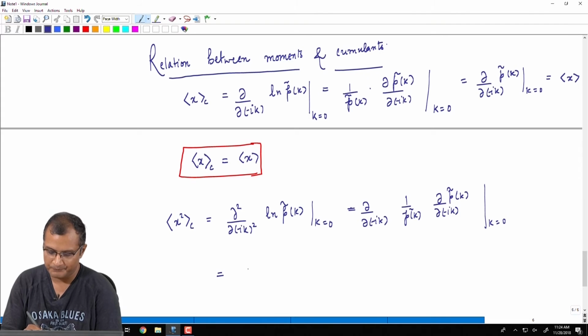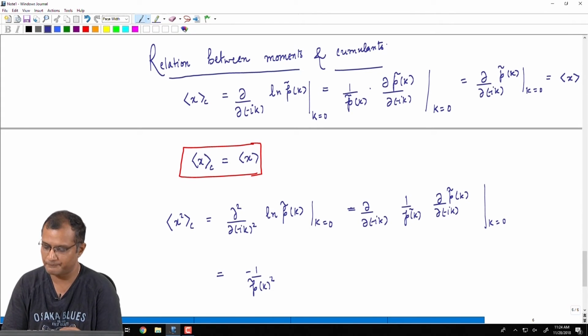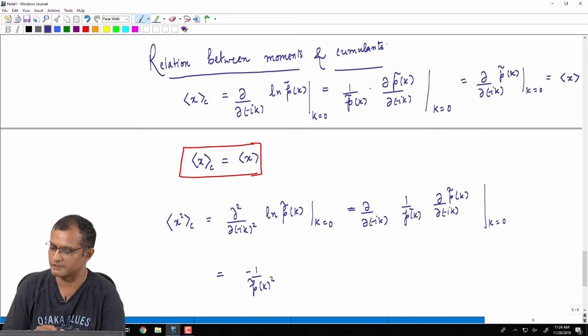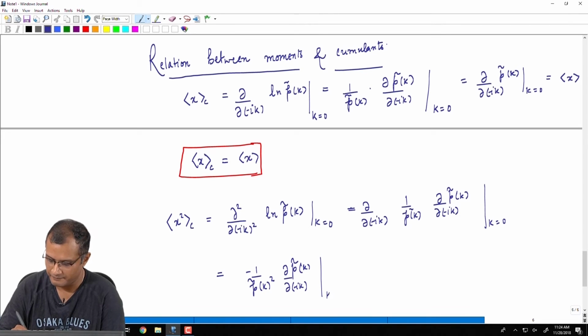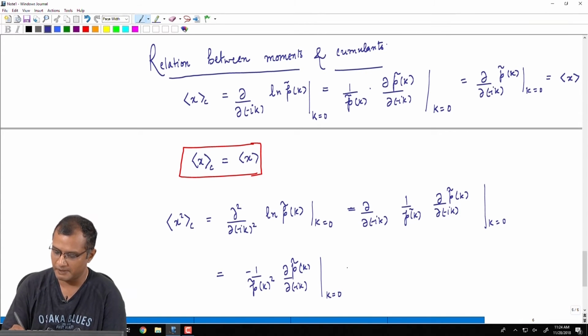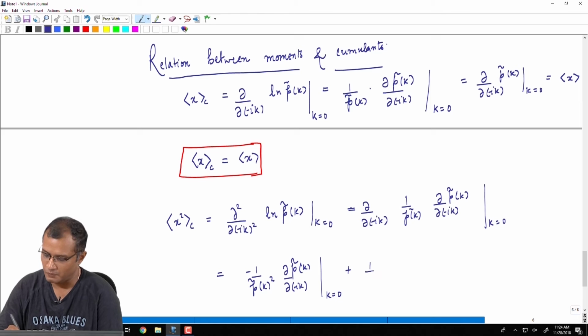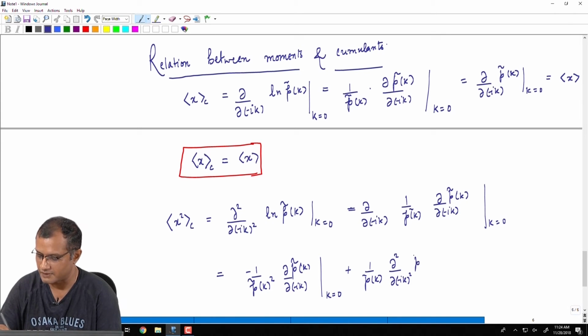This would be minus 1 by p of k the whole square, that is the derivative by parts, into dp of k over d(minus ik), plus 1 upon p of k of the second derivative of the characteristic function.